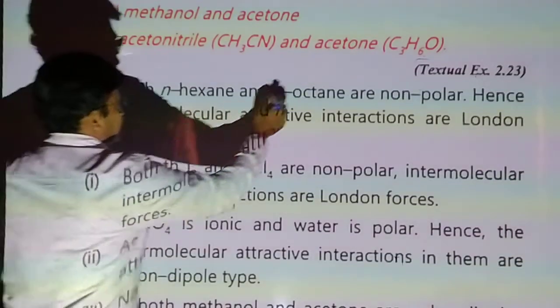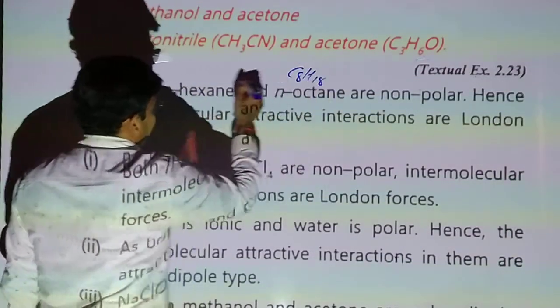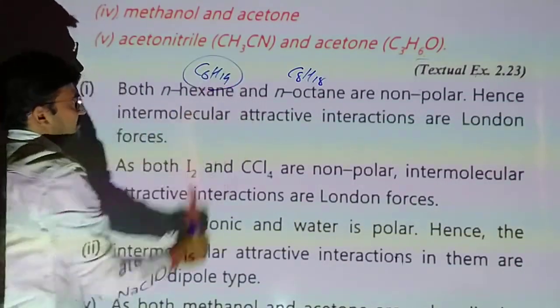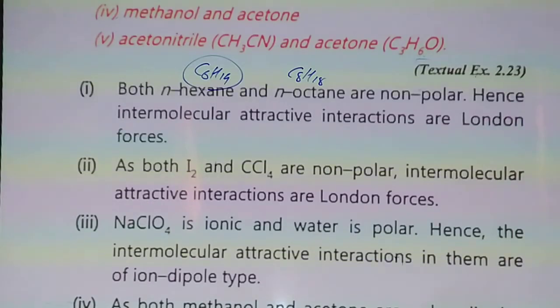Octane is C8H18, hexane is C6H14, both are non-polar. Hence the intermolecular attractive interactions are only London forces, van der Waals forces, one of the weakest van der Waals attraction forces, occurring between them.